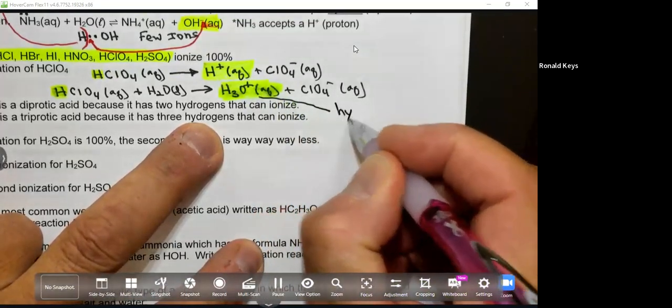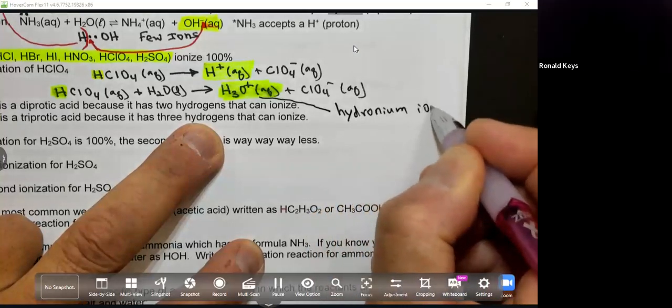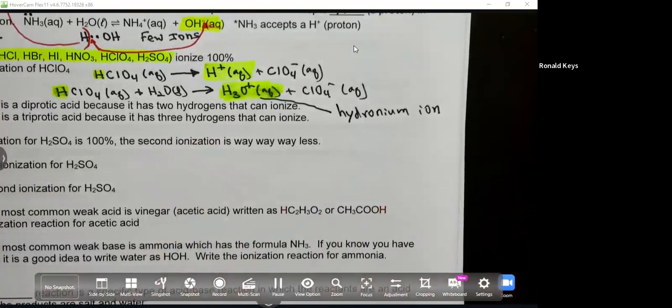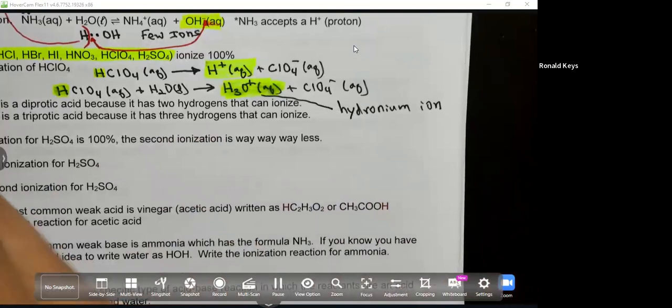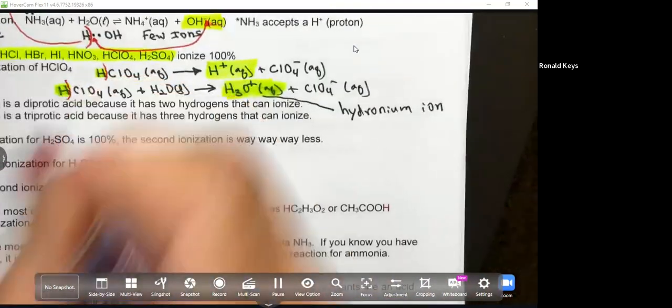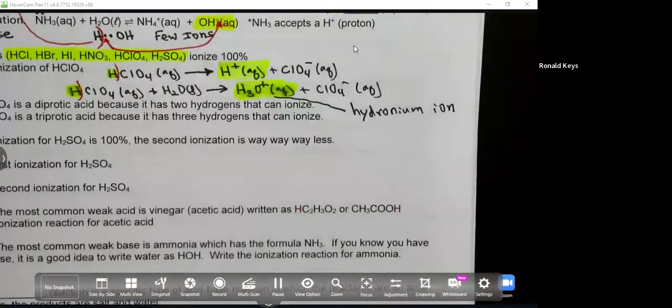H3O plus is the hydronium, and what has to happen? Hydrogens come off, right? Hydrogens come off, leave their electron behind.